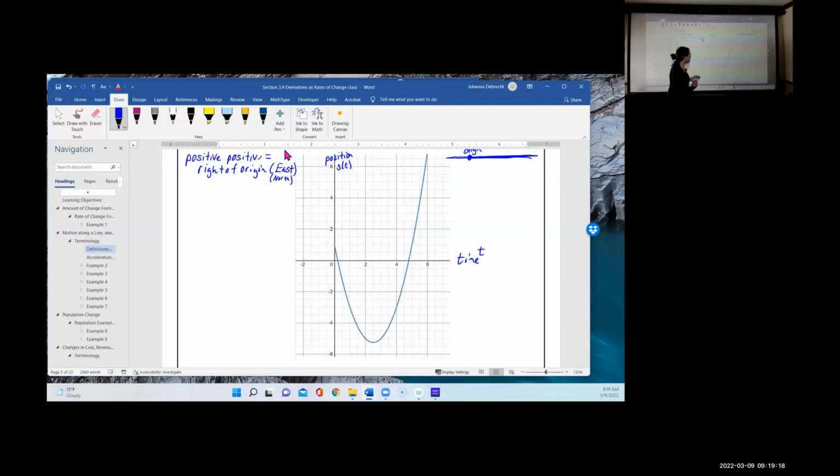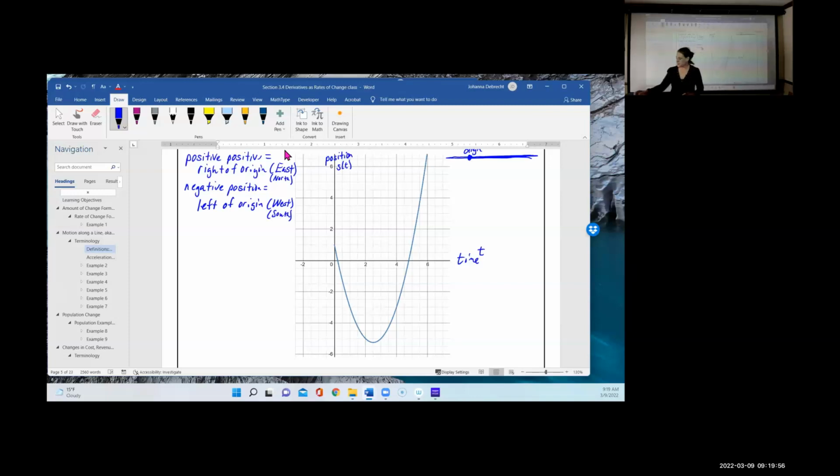So it starts out to the right side of the origin, but then when it's traveling, notice that it goes below the axis, below the t-axis, and that means that its position is now negative. And so if it has a negative position, it's gone to the left of the origin. And on our graph, we'll consider that to be west. If you are on a vertical graph, you would call that south.